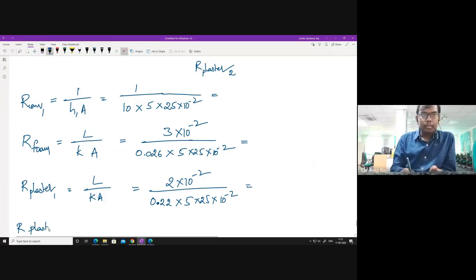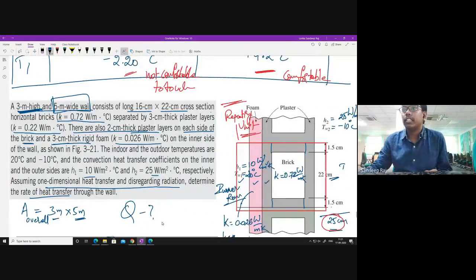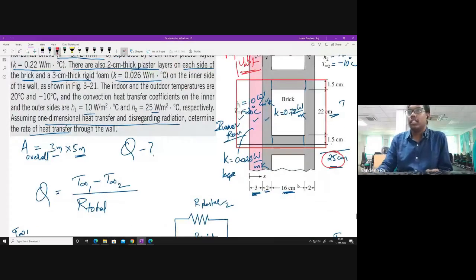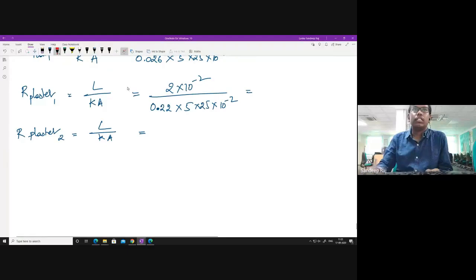R plaster 2 is again L by K A. The L in this case is 16 centimeters. This 16 centimeters you can see here. This is given here, so this is the whole thing from here to here. It is 16 centimeters. So I can substitute that here, 16 into 10 to the power of minus 2 by the K value of the plaster.